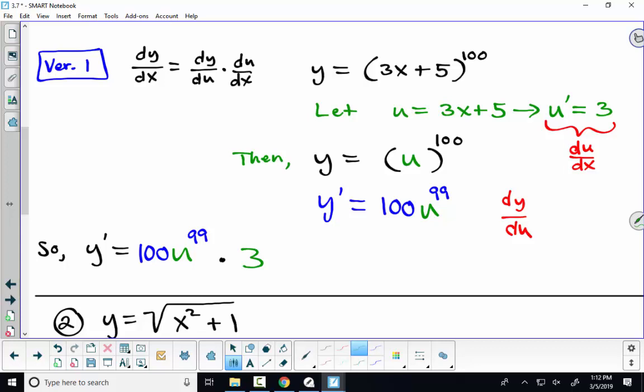Right now we have the derivative, a mixture of the two things, really. So the last step here is to just resubstitute for that u. U was 3x plus 5. Which, again, we see that was the same result we had with version 1.